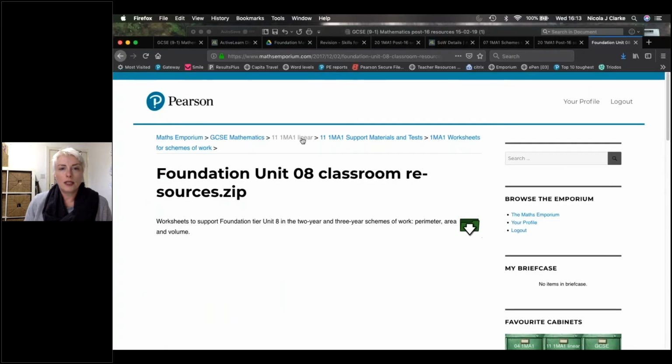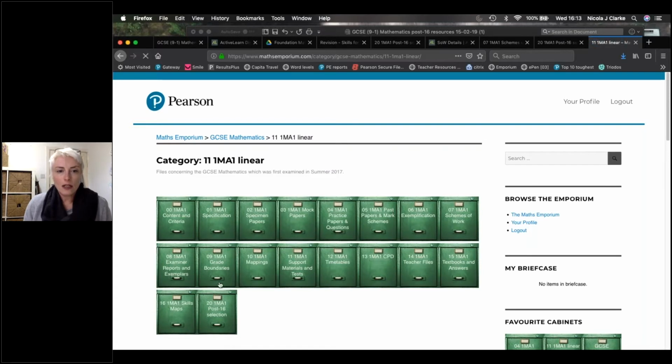Within Emporium for the GCSEs, there are examiner reports and exemplars here. So you get to see a range of possible solutions, different methods, and feedback on each one. Again, with the common errors, the examiner feedback can highlight really well things to avoid, where learners struggled.